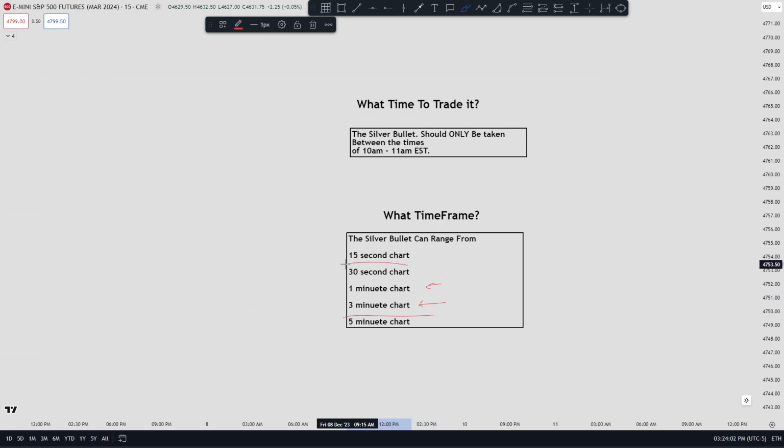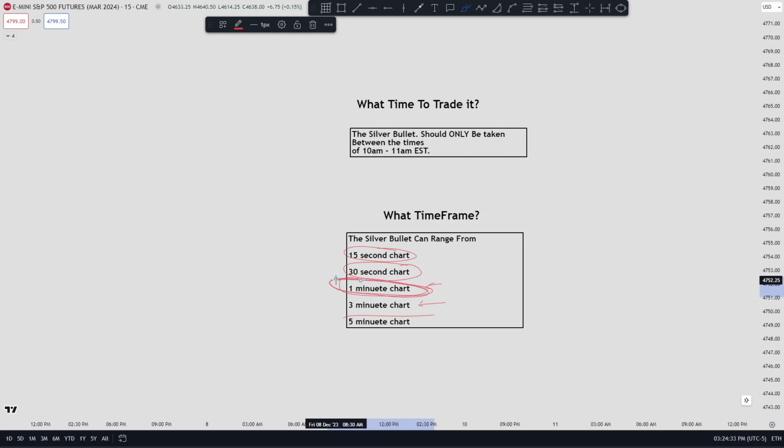You do not have to go to the 30-second or the 15-second chart. This is maybe months, if not a year later. As you gain more experience trading the silver bullet and you gain more confidence is when you can potentially go to the 30-second and the 15-second chart for extra precision. But the 1-minute chart is perfect. This is the most recommended time frame for traders trading the silver bullet.